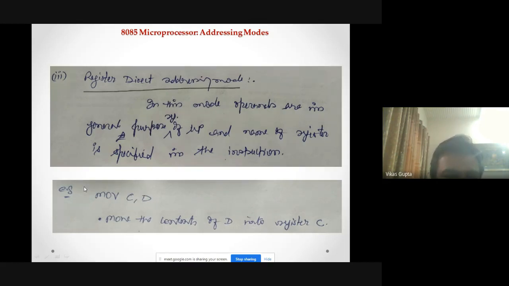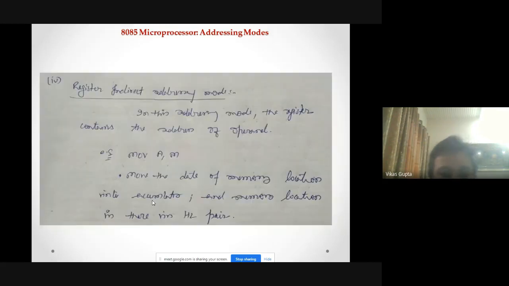As far as the size is concerned, this is a 1-byte instruction, because the microprocessor need not ask for data or a memory location. We are just copying the content of the D register into the C register, and the microprocessor is not interested in what kind of data is present in C or D.